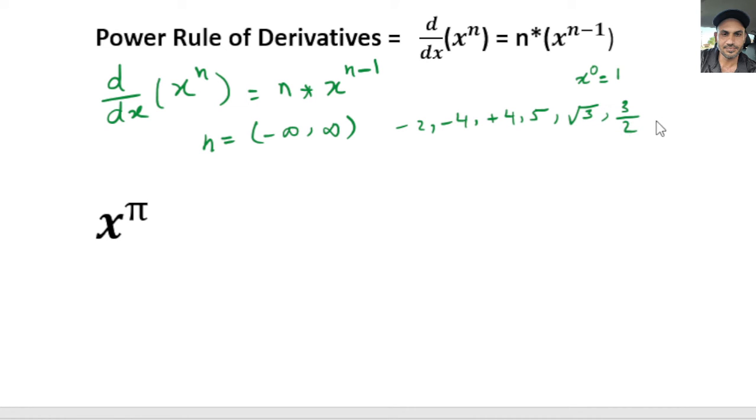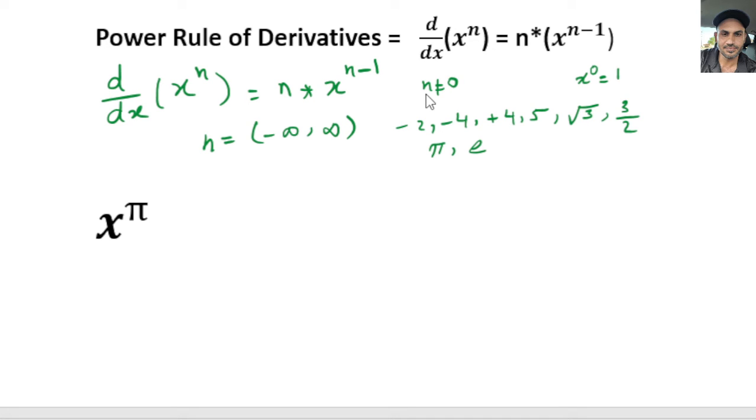It could be anything between negative infinity and positive infinity. Some other examples of irrational numbers are pi and e. Okay, so n could be anything between negative infinity and positive infinity except 0. n cannot be equal to 0 for this particular rule.